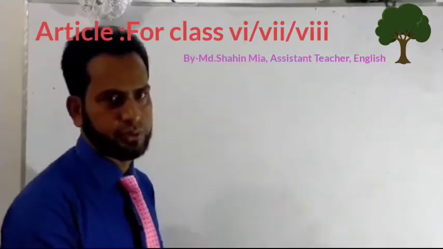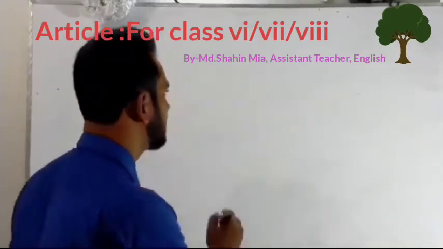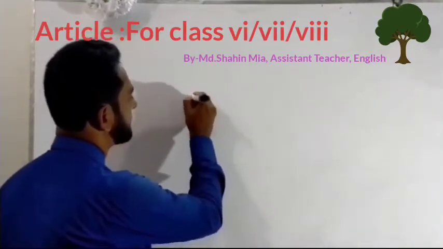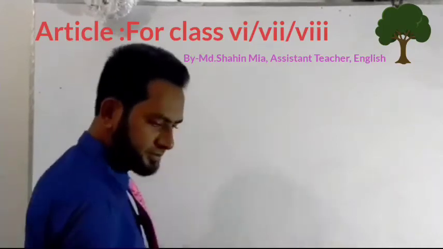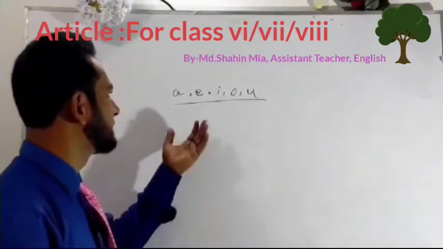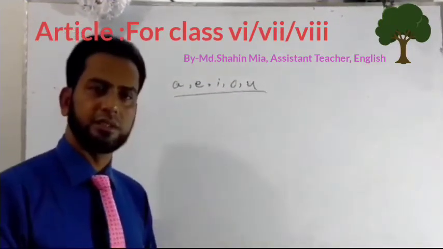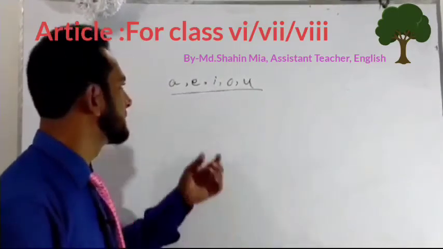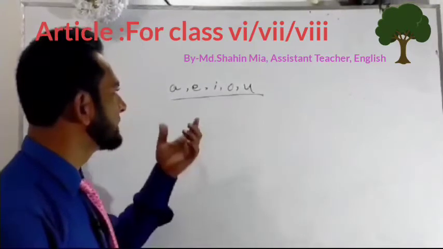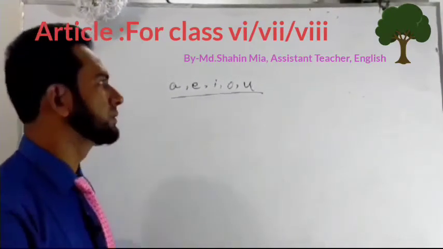Do you know what is vowel sound? Here I have written 5 letters of the English alphabet: A, E, I, O, U. These 5 sounds are called vowel sounds.